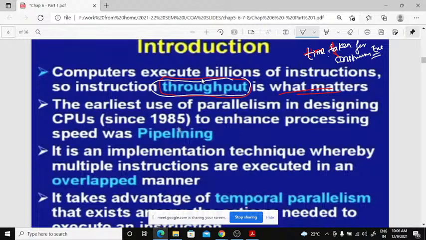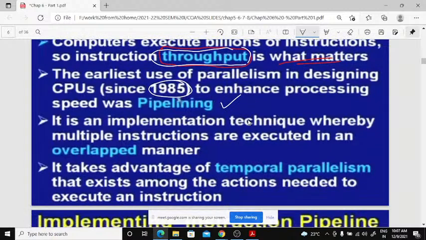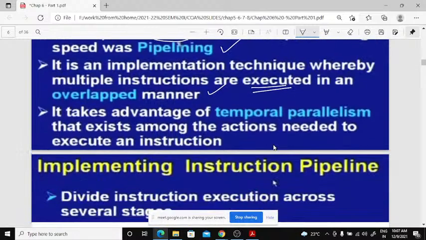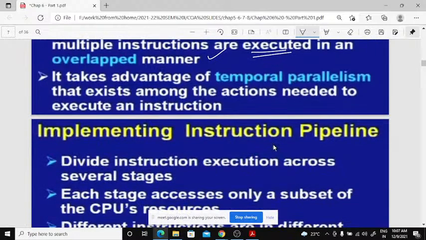This parallelism concept has been in use since 1985 to enhance the processing speed. That is the pipelining technique. Pipelining means it executes the instructions in an overlapped manner, and it takes advantage of the temporal parallelism that exists among the actions needed to execute the instruction.